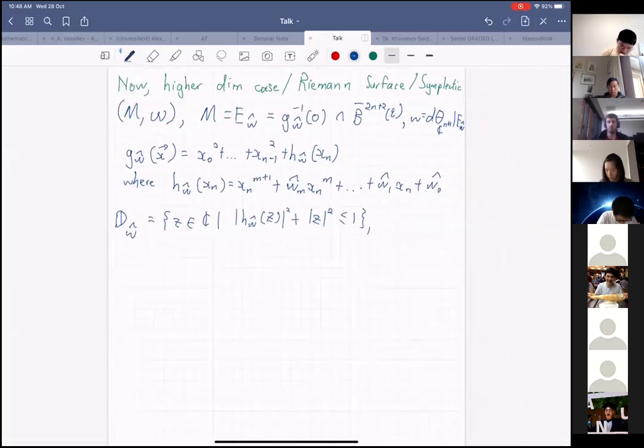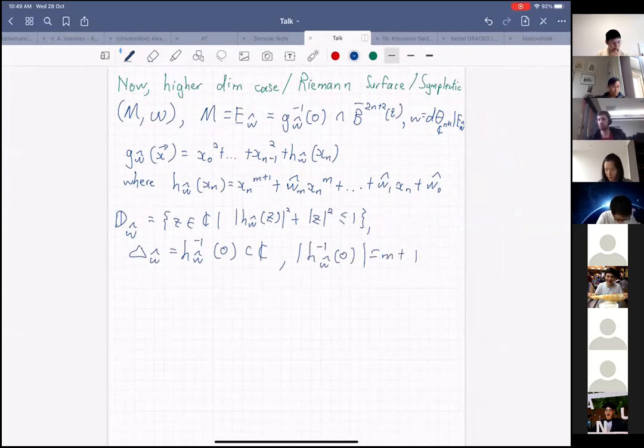The puncture is just the roots of this polynomial, n plus 1 of them. These coefficients should be pretty small to make this intersection transverse.